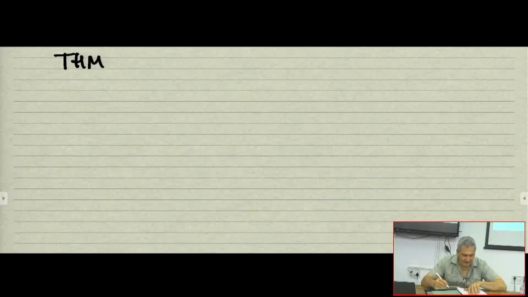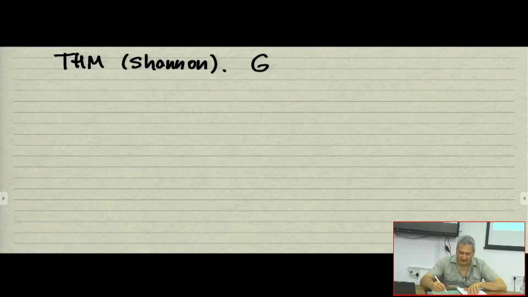3/2 of delta, yes. So the theorem, Shannon: let G be a loopless multigraph.